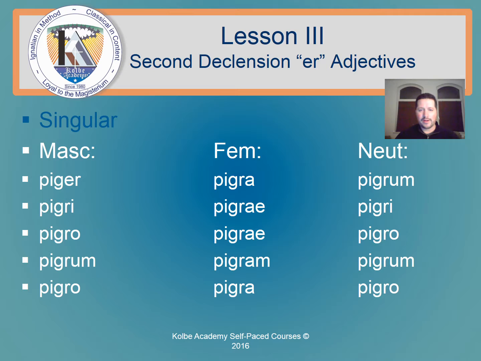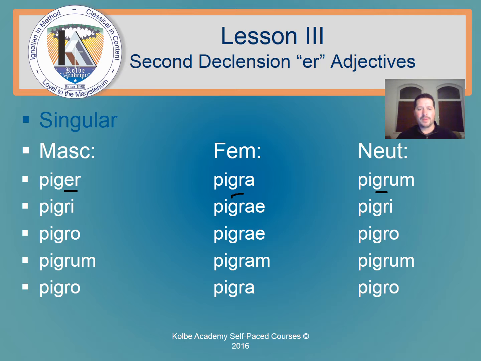So right here, you can see pigra, pigrum. That's where you'd be looking. And you notice the e is gone. So it's not pigera, it's pigra. Not pigera or pigerum. It's pigra and pigrum. Piger is the first one, and that contracts. So let's see. This is for the singular.